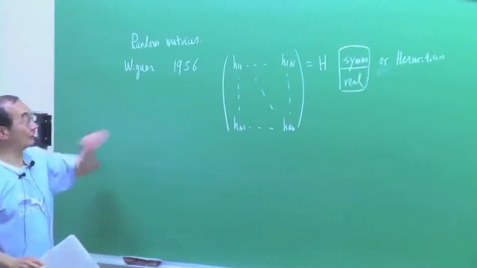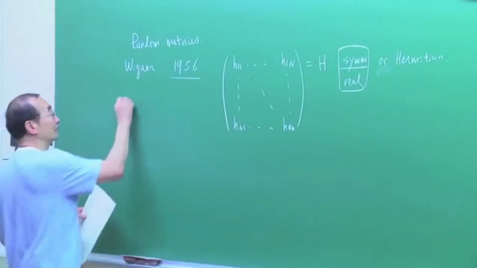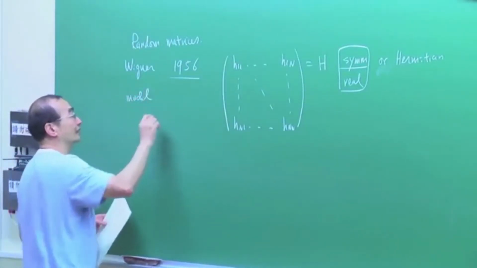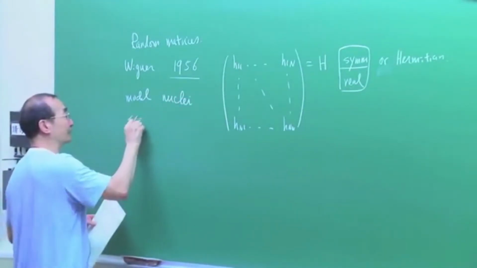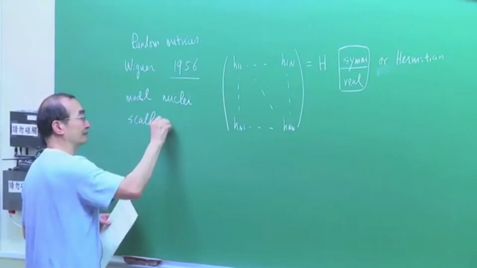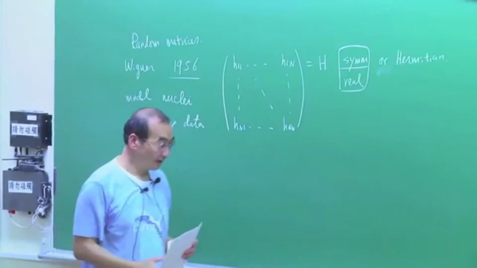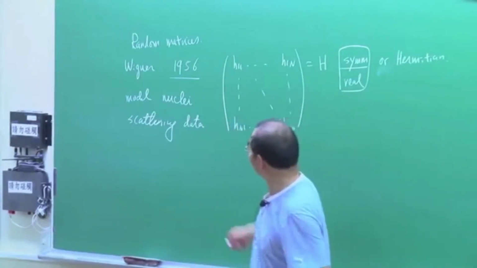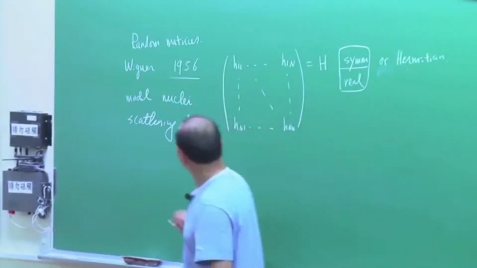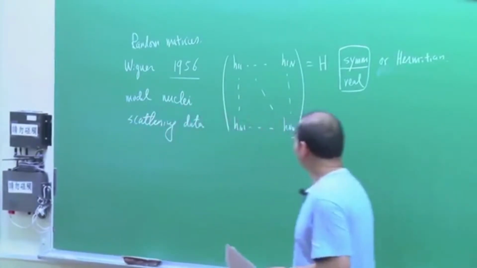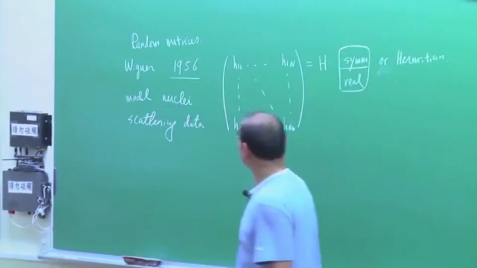All right. So in 1956, Wigner wanted to use random matrices to model nuclear scattering data. At the time, in nuclear physics, they were trying to do neutron scattering, and they found the neutron scattering pattern cannot be explained by the usual statistical model like Poisson statistics.